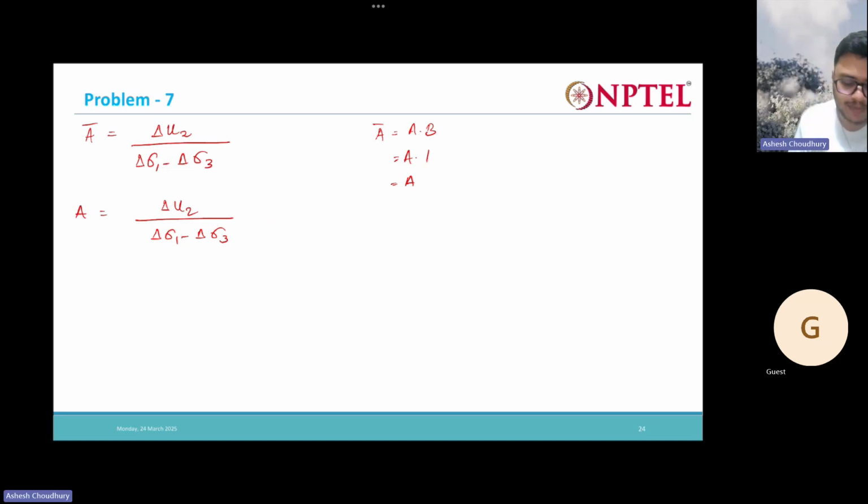Now, since in the first stage it's consolidated, that means I'm allowing the pore water pressure to dissipate. So in my first stage in a CU test, it's a consolidated test, so there will be no pore water pressure in the first stage, only the second one will be there. So this I can write directly as delta U by delta sigma.